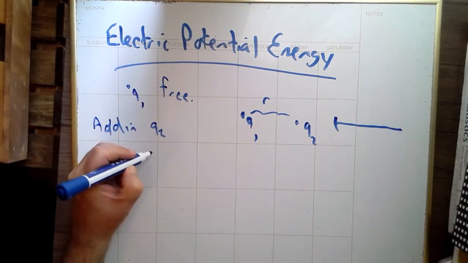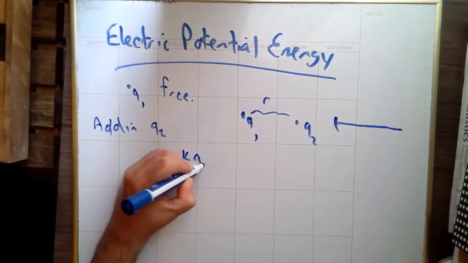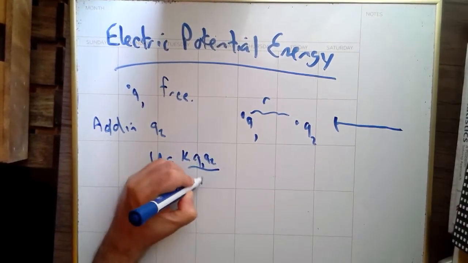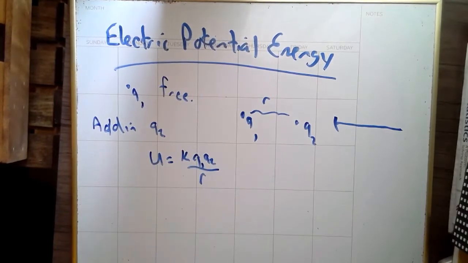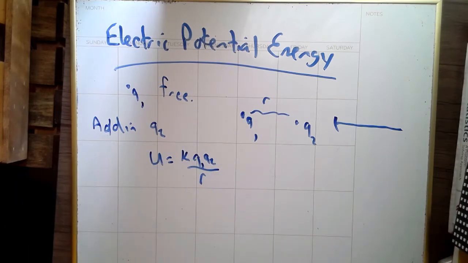Well, then that energy will be k Q1 Q2 over r. That's how much energy it cost me to bring them together. That's how much energy is bound up in the electric field. If I keep bringing in more charges, it's going to cost me more energy. I'm going to have to do more work to bring in more.